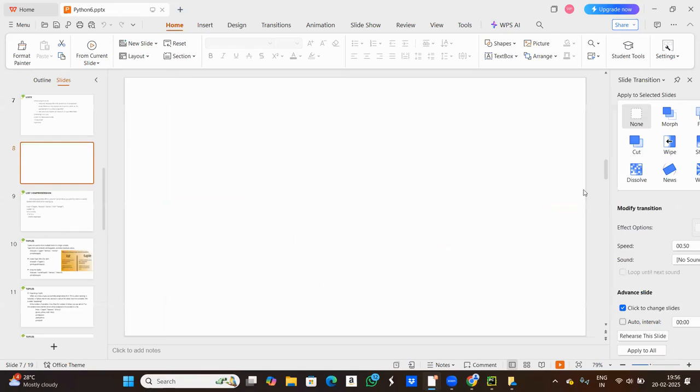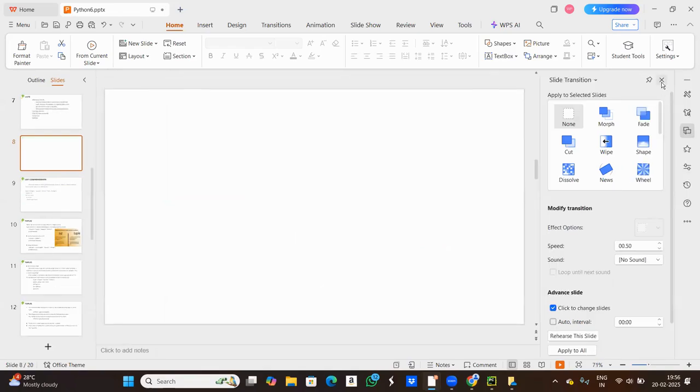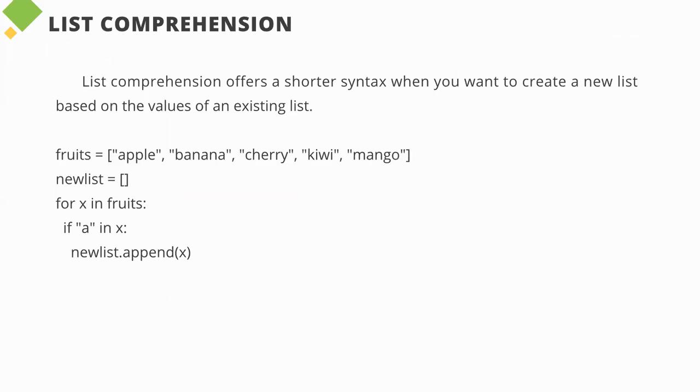Now let me go with list comprehension. This is the same as creating a new list. Suppose you have a list, say fruits equals apple, banana, cherry, and so on. You want to create a new list. Comprehension means it's a shorter syntax. We'll be creating it based on the existing list: for x in fruits.